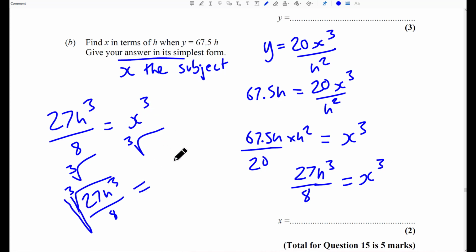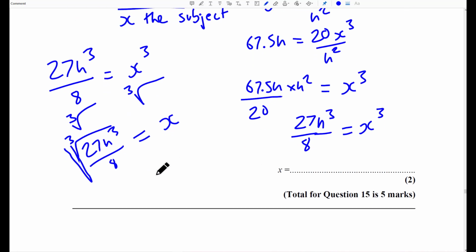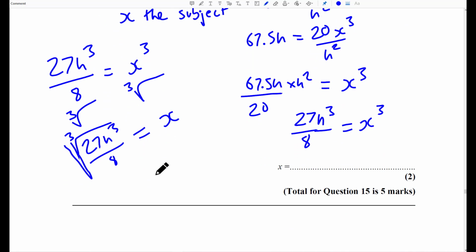And when we cube root x cubed, we're going to get x. Okay, so what's the cube root of 27? That's 3, right? The cube root of h is h. So we're going to get 3. Let's cube root each section. 3. Cube root of h is h.